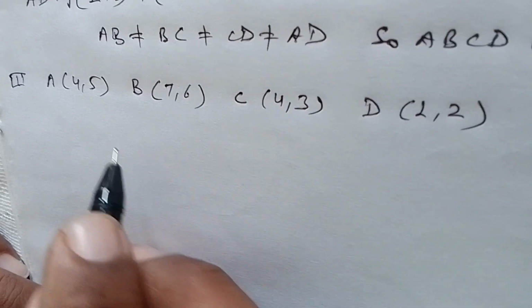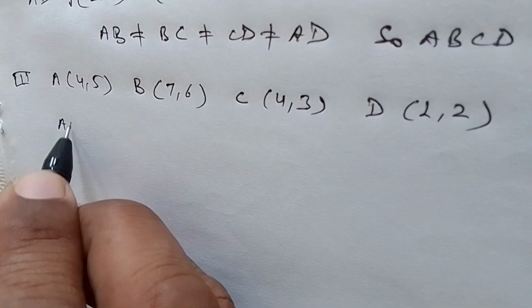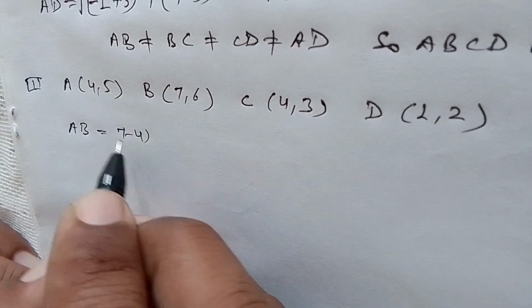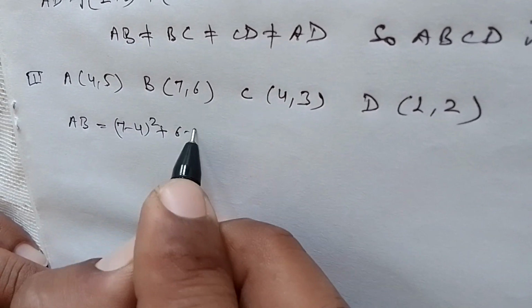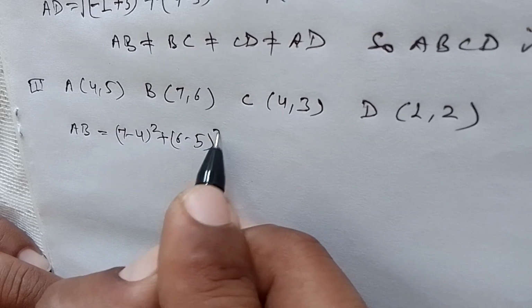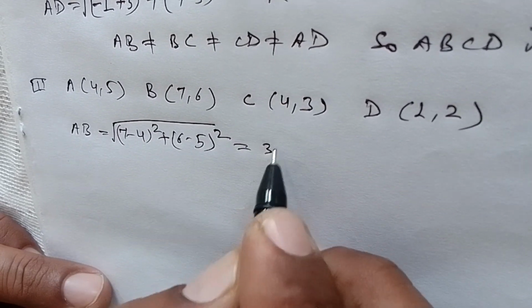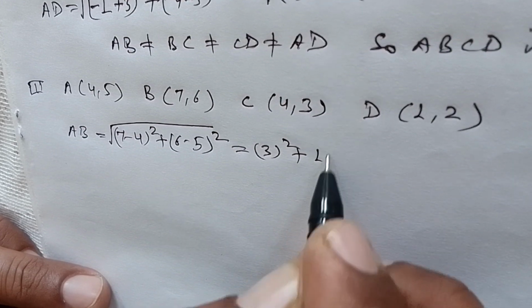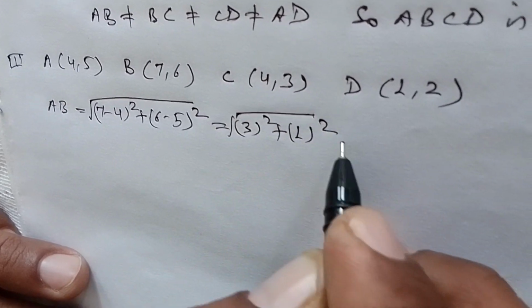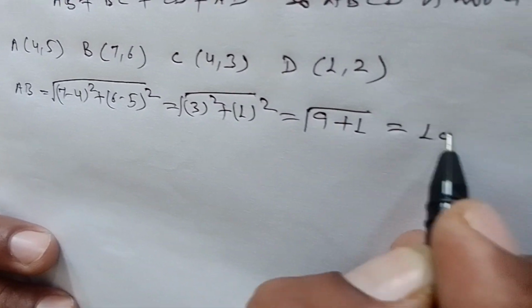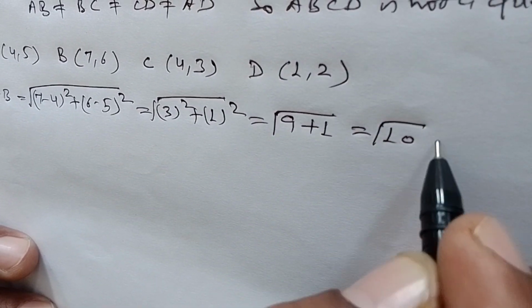So we will calculate the distance AB. 7 minus 4 square plus 6 minus 5 square. It will come out to be 3 square plus 1 square, 9 plus 1 under root. It comes out to be 10 under root units.